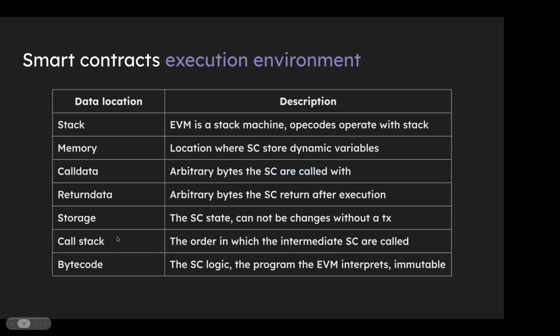Usually, this data location is omitted if you're reading some articles, for example, or some Solidity tutorials, but it is important to understand that there is one, and using this call stack, Ethereum virtual machine actually understands where to return the execution to.